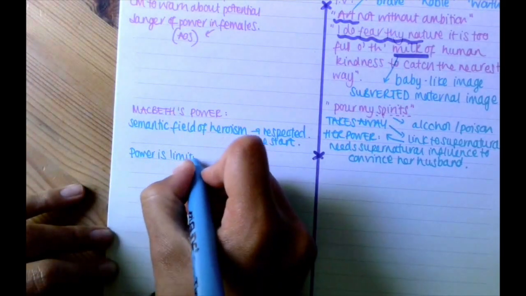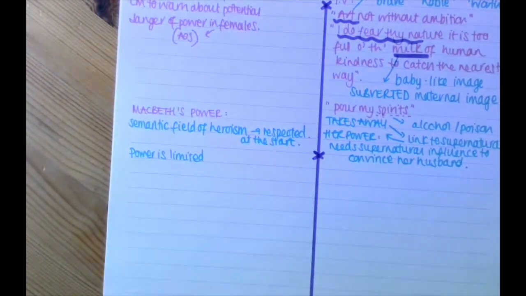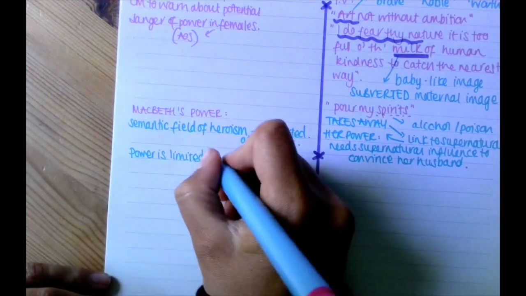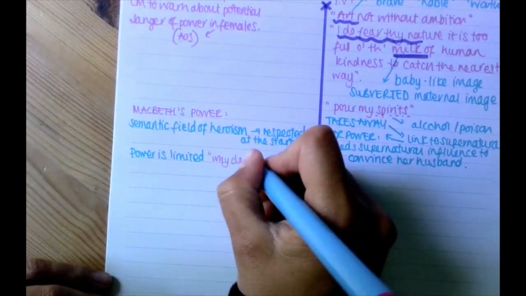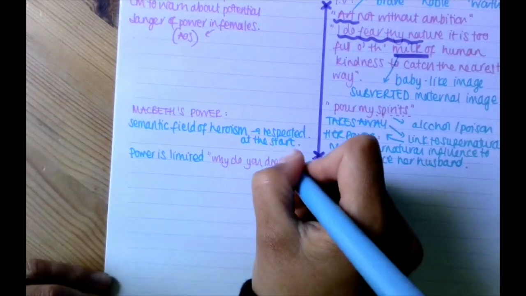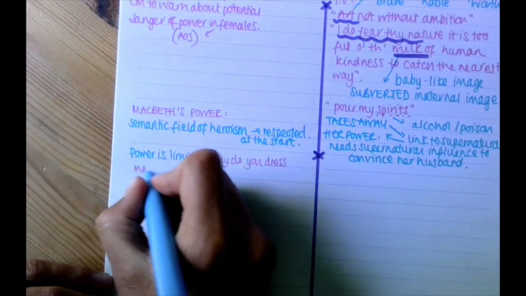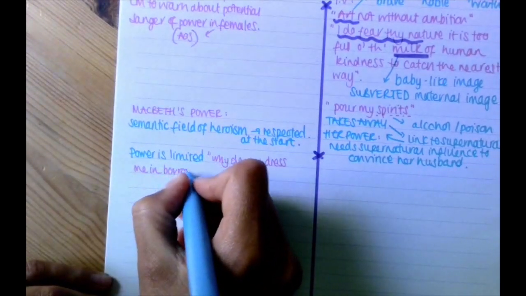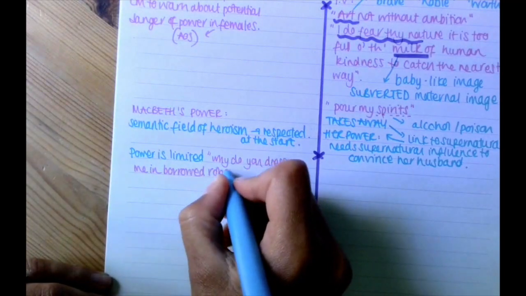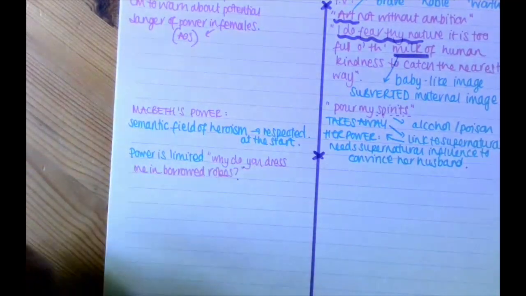He foreshadows this really early when he asks the question, "Why do you dress me in borrowed robes?" He realises that his power is temporary, and maybe that makes him more powerful than Lady Macbeth.